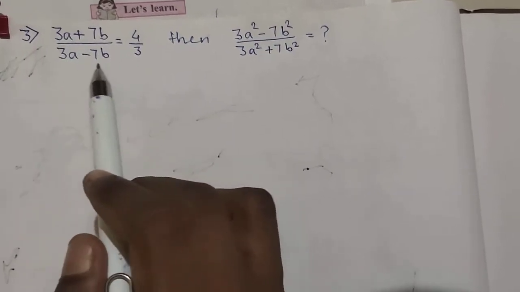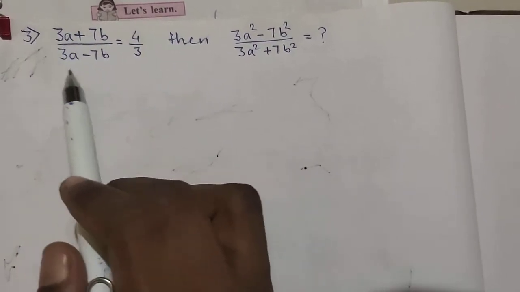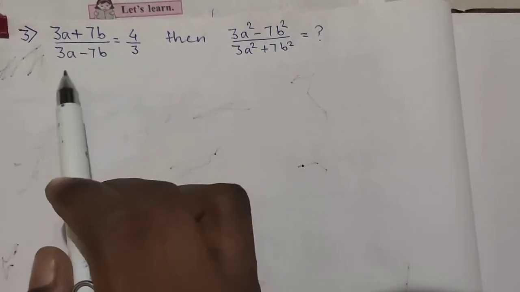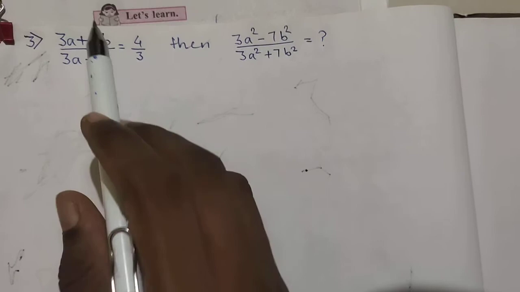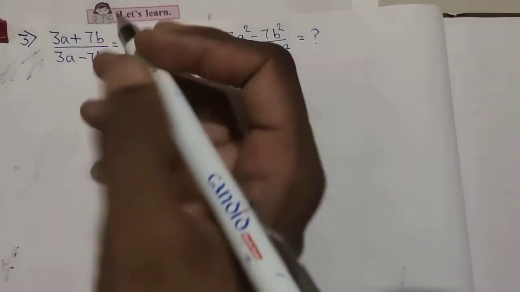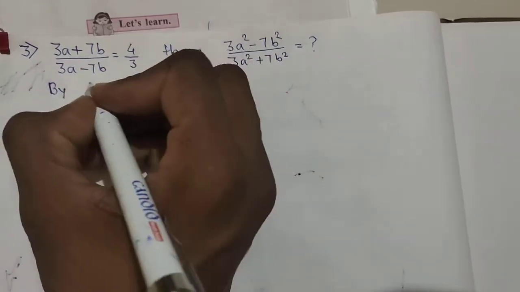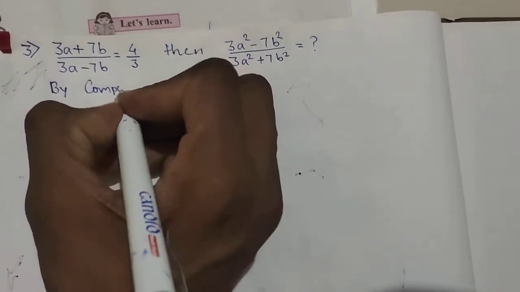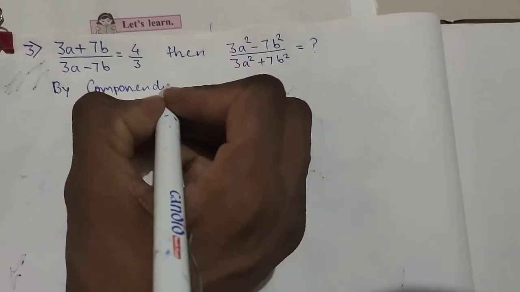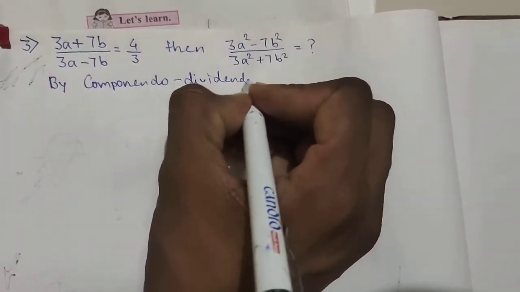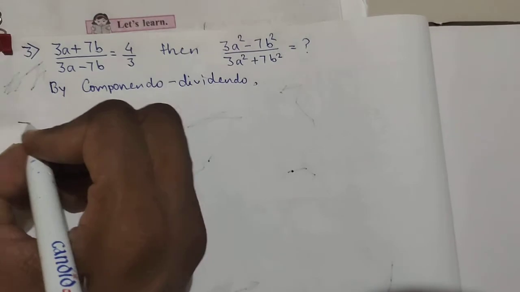In this case we are going to use componendo dividendo, because in componendo dividendo a plus b, a minus b comes. Students, understand it properly, because you are going to use componendo dividendo in the next question also, question number 4. So see how I am using componendo dividendo properly.